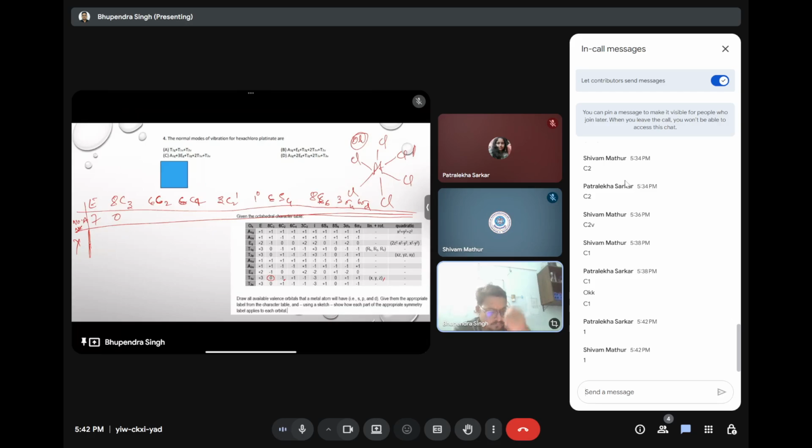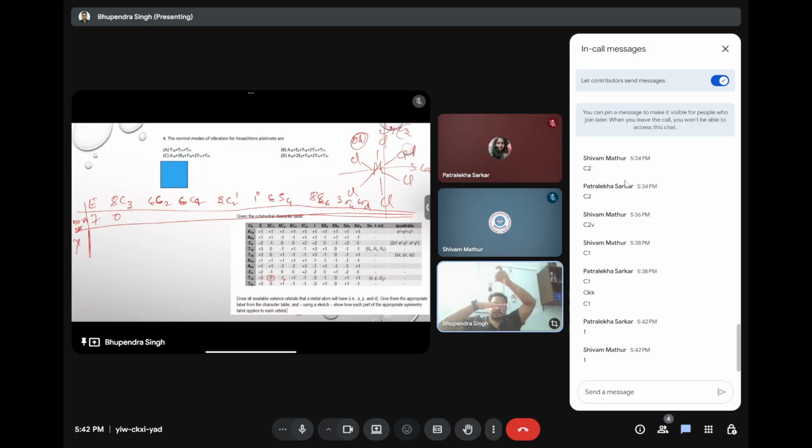C2 for 1. Yes, because like this, yes, C2. Other C2 will also be, because if you take this C2, then 3 atoms will not change their position.